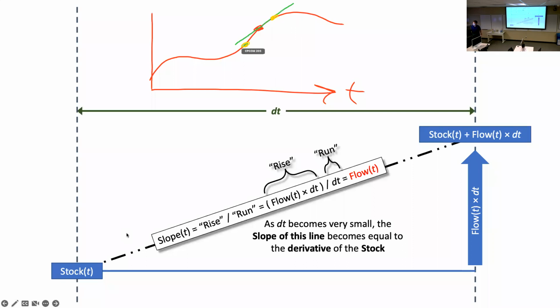If I connect those 2 points, then as the yellow points get closer and closer together around the red point, the slope of this chord, the yellow line here, becomes the same slope as the derivative.